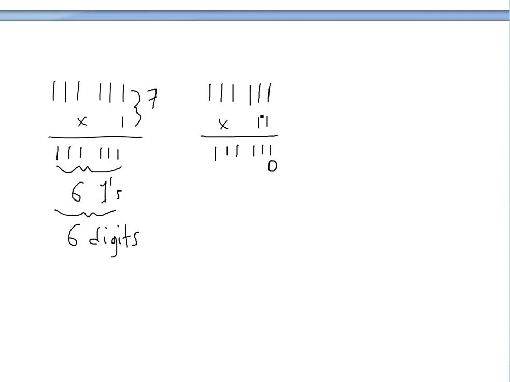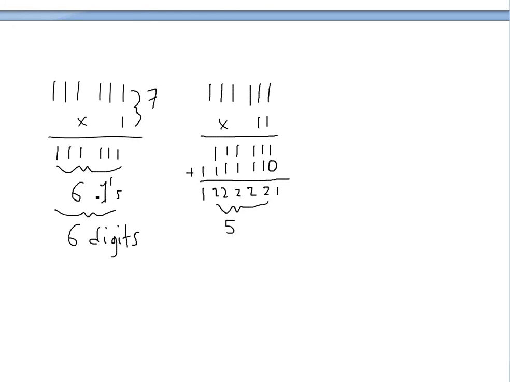Now we multiply by every single one, so we get 1, 1, 1, 1, 1, and there are 6 ones there. When we add these up, we get 1, 2, 2, 2, 2, 2, and then 1 right here. So there are 5 twos.